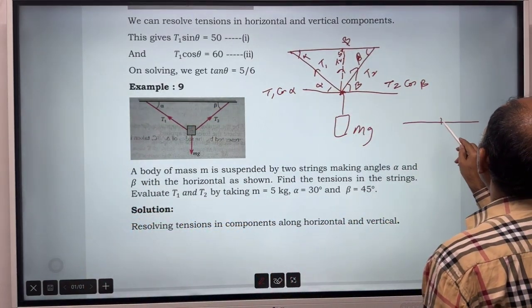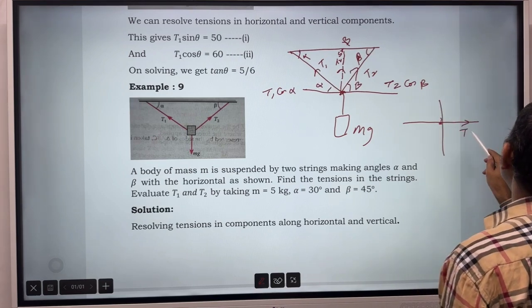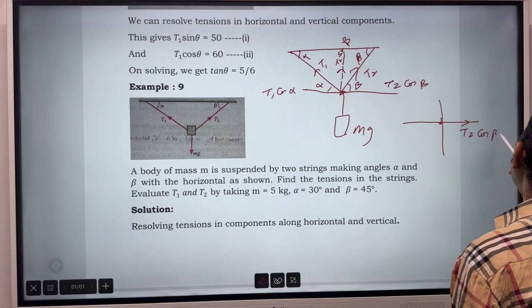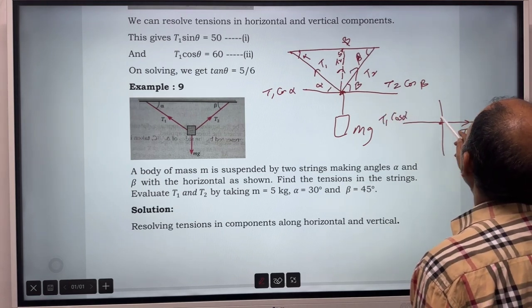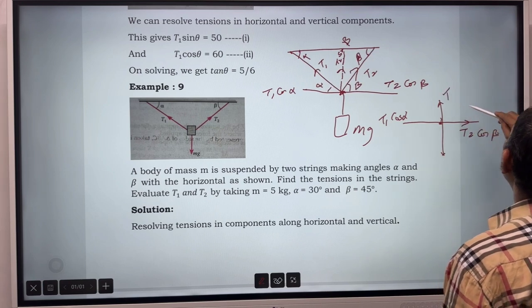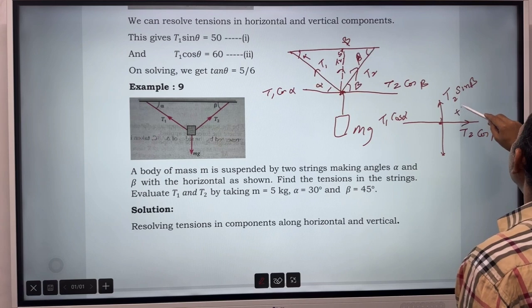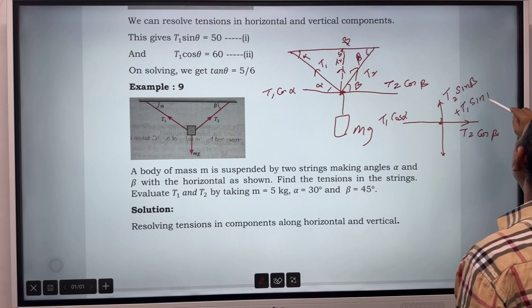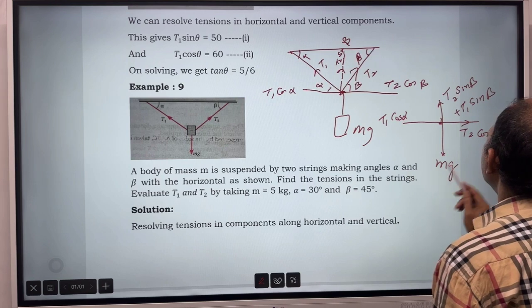I'm writing it clearly at this point. In this direction, it is T2 cos beta. This is T1 cos alpha. In this direction, here it is T2 sin beta plus T1 sin alpha, and both are balanced by weight mg.